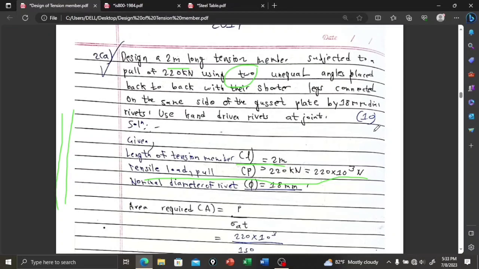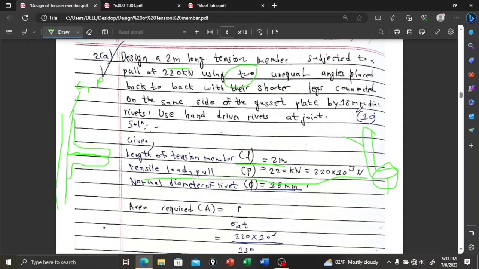That means unequal angle means this is shorter side and this is longer side, and this shorter side is connected to gusset plate. Shorter side is connected to gusset plate and longer side is hanging.